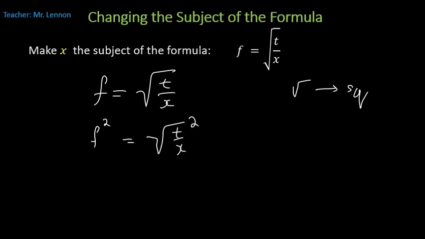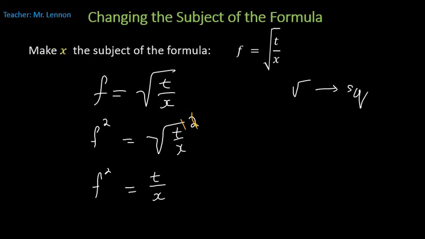And so what will happen here? Square cancels out square root. And what we have remaining is f squared is equal to, the square only cancels out the square root, so they cancel each other. So we have actually t over x, which is not affected by that operation.